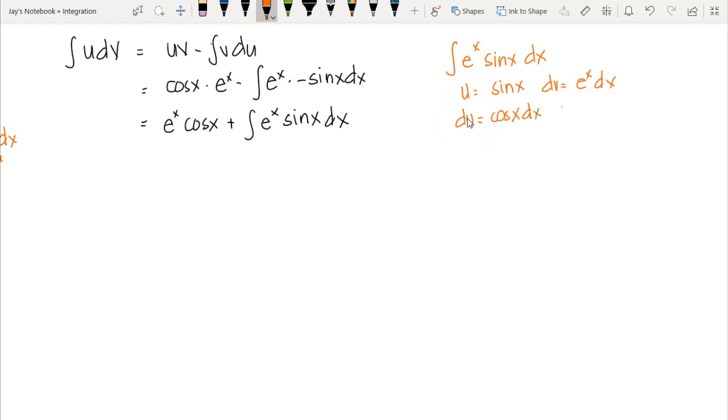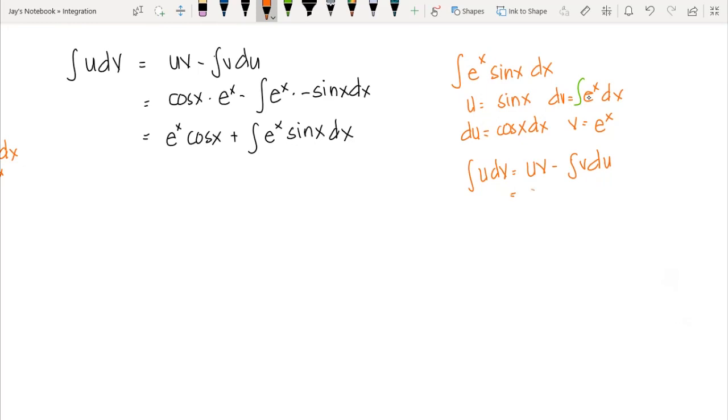Now our v here is the integration of e^x dx, and that gives us the same value, which is e^x. So we apply uv minus the integration of v du, that is the integration of u dv. This gives us our u, that is sine x, correct?